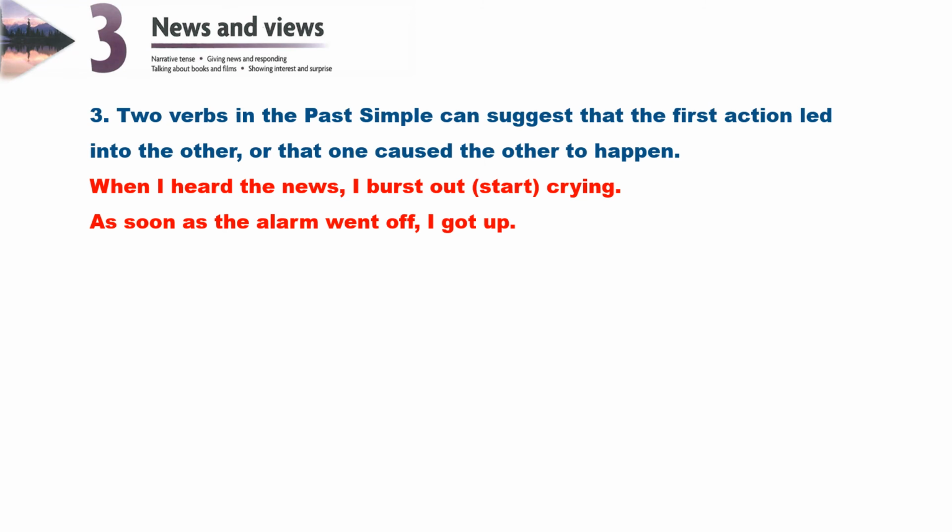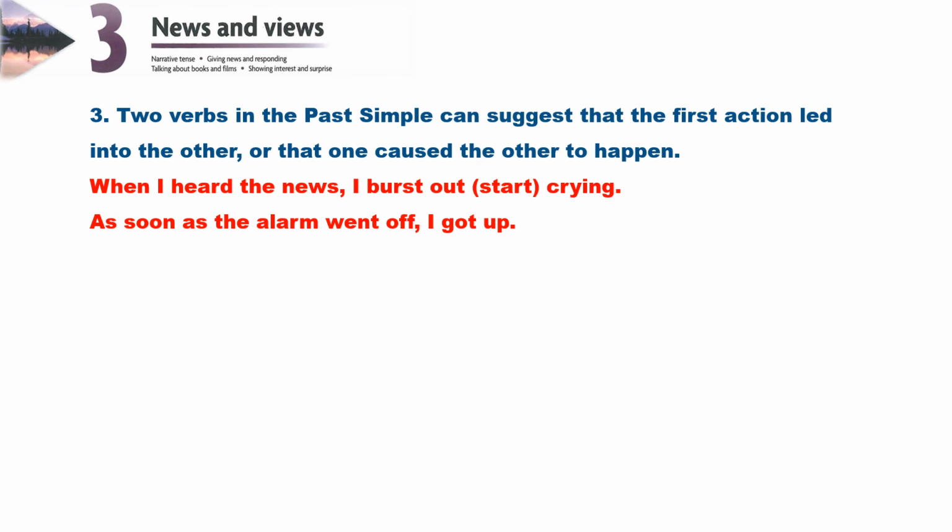For example, when I heard the news, I burst out or I started crying. So, as a result of hearing the news, it led me to cry. So, the first one is the cause. I heard the news is the cause sentence, and I started crying is the effect sentence.